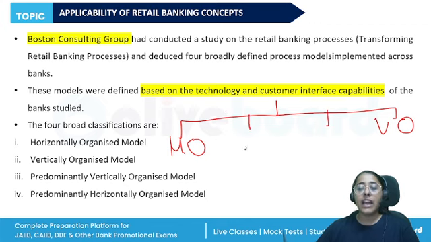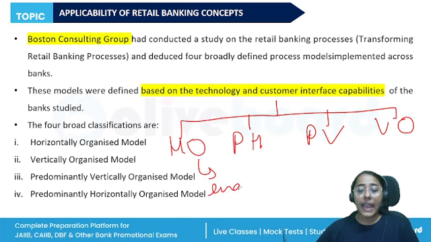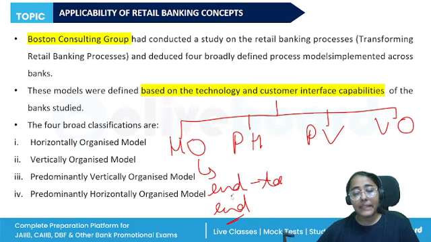In between we have the predominantly horizontal and predominantly vertical. Horizontal means end-to-end processing, complete differentiation, a completely separate process model for each product. That is horizontal, a flat structure. All the products are different.